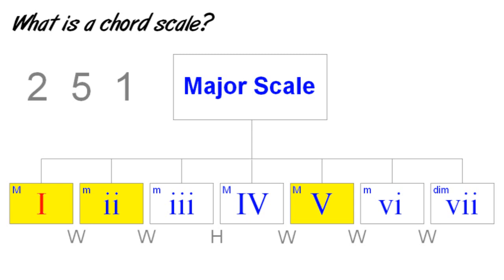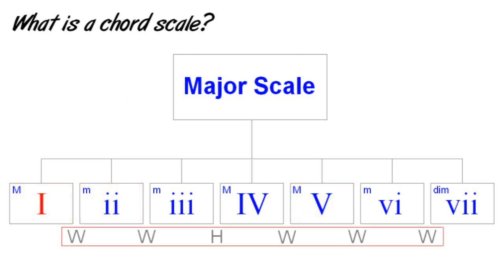The numerals allow us to see a relationship of chords without specifying a key, because the interval relationship between the chords, just like the scale's intervals, is the same no matter which key you're in. In a moment, we'll go into what makes a given degree's chord major or minor.